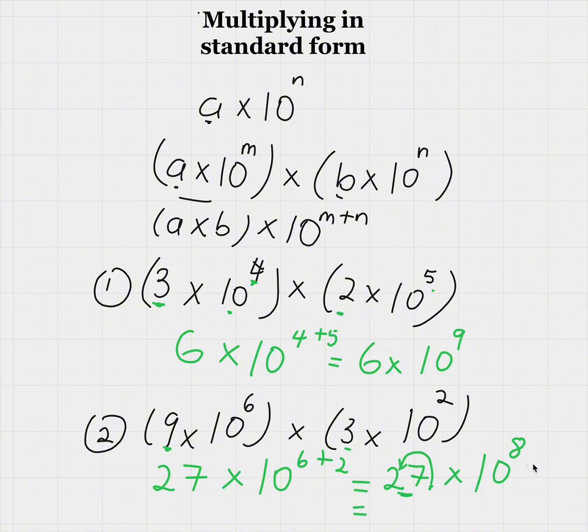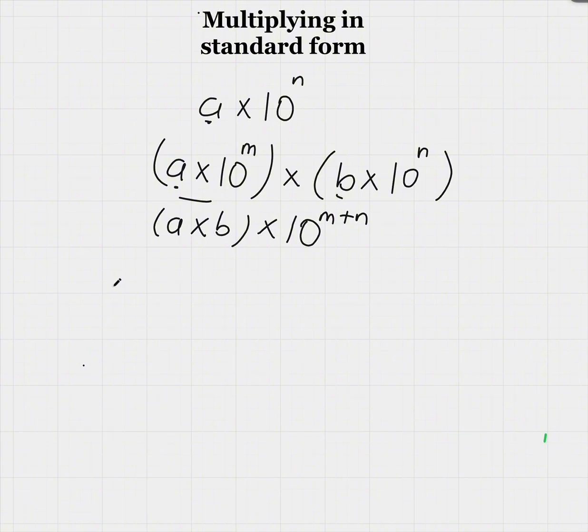That means we have to add another 1 to the power, making 9. So we get 2.7 times 10 raised to the power 9. So that's one little trick about multiplying in standard form. Once you follow the rule and the format, it is very easy to get your answer.